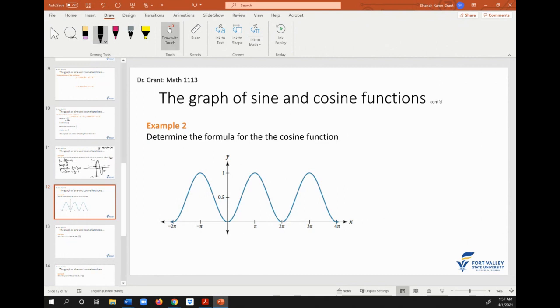Okay, so here we want to determine a formula for the cosine graph. Recall the shape of the cosine graph is this, right? Okay, so what we need to do is first establish the general equation, which is y equals a cosine of bx minus c plus d.